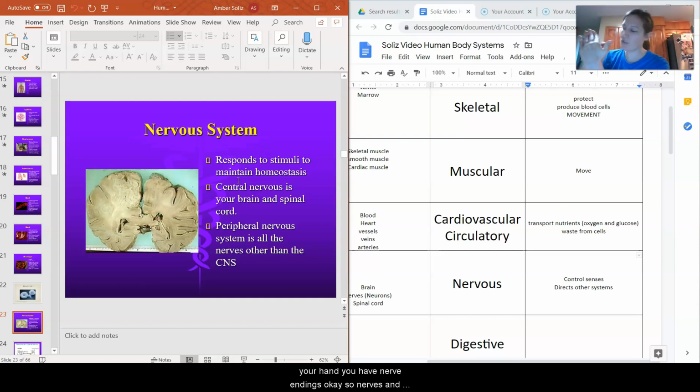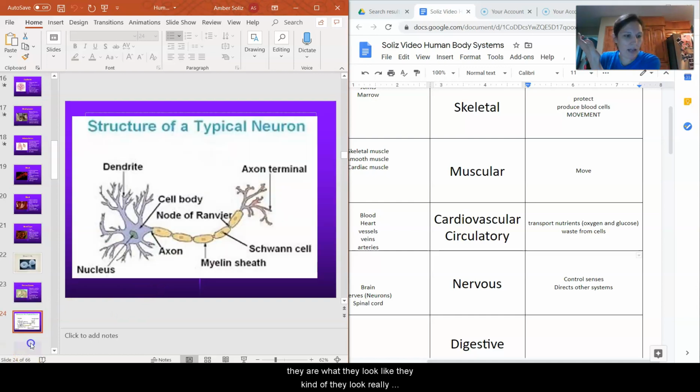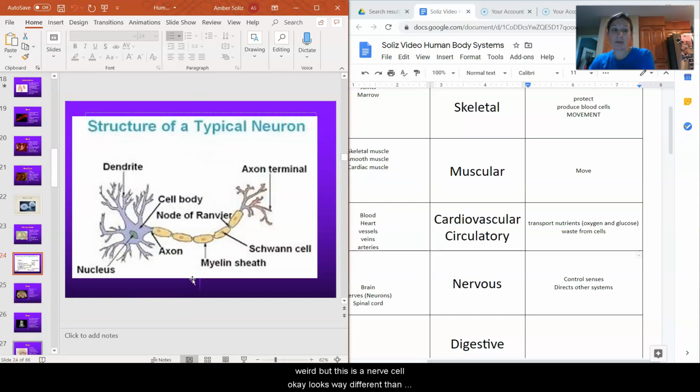In your hand, you have nerve endings, so nerves. They look really weird, but this is a nerve cell. It looks way different than any cell we've seen before, but remember, all cells look different because structure equals function. What it does is controlled by what it looks like.